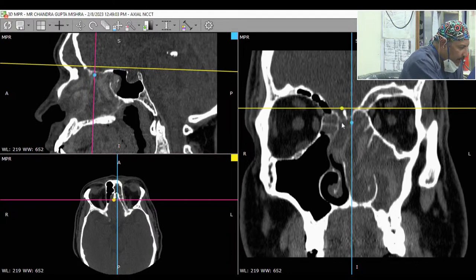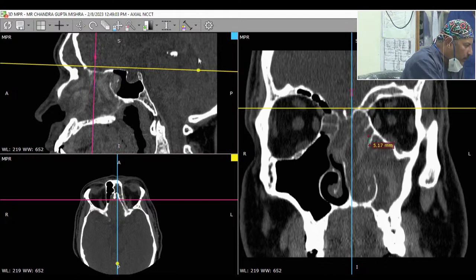This is the cribriform lamina, this is the medial lamella, this is the lateral lamella. The lateral lamella continues with the thick frontal bone, and this artery perforates the lateral lamella to enter the cribriform plate, the olfactory fossa.